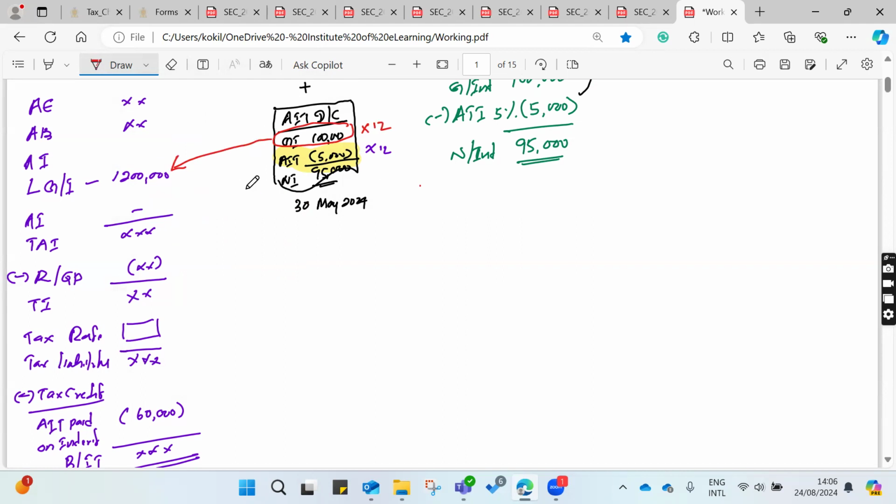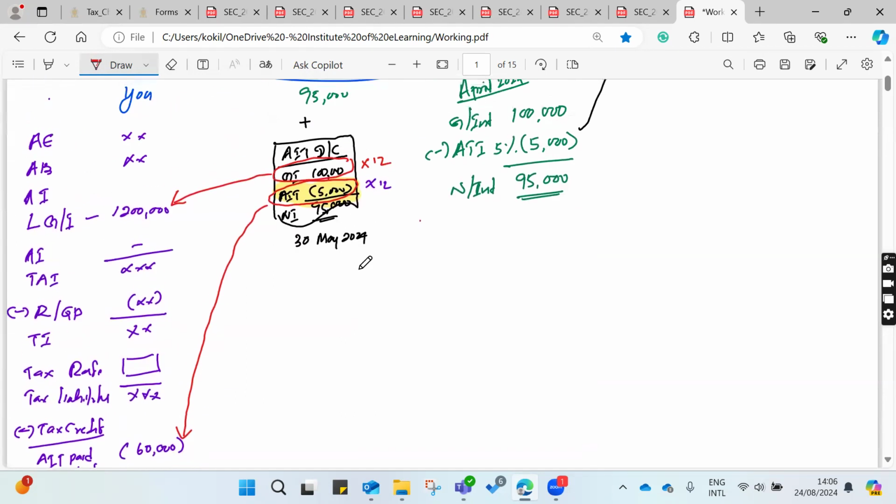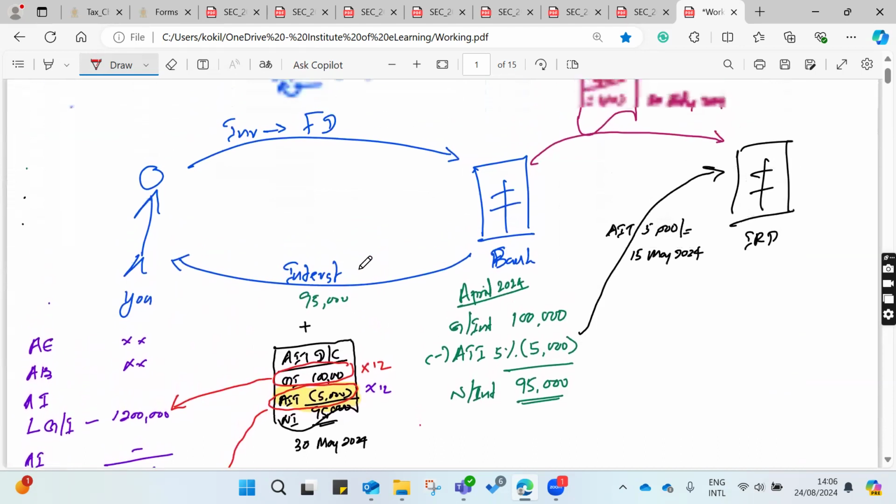Don't multiply it in actual scenarios. You need to have all 12 certificates and take those, and calculate all 12 months of interest income and all 12 advance income tax deductions. Here I'm getting random amounts, therefore I'm applying this. I think advance income tax on interest is very clear.